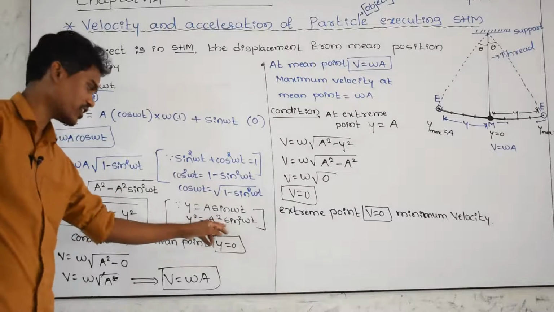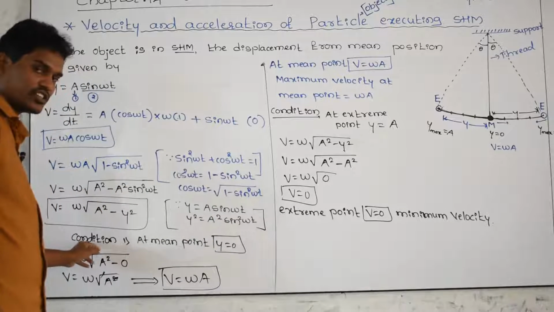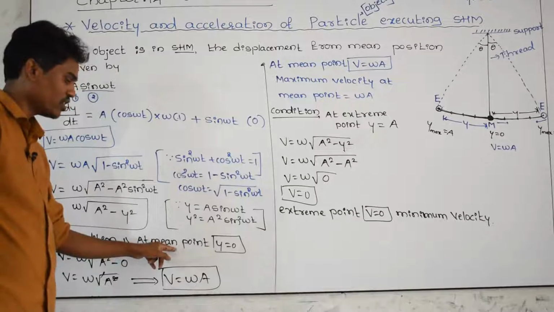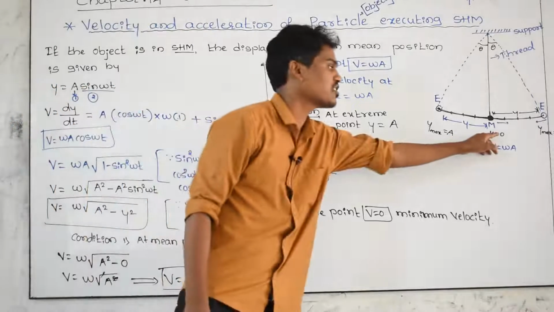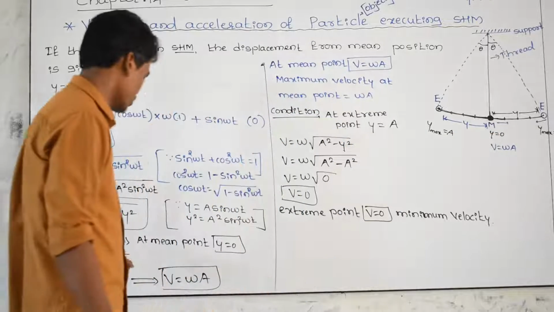I have substituted here, and apply the condition at mean position. Whenever the object is executing simple harmonic motion, at mean position displacement is equal to 0, means y is equal to 0.